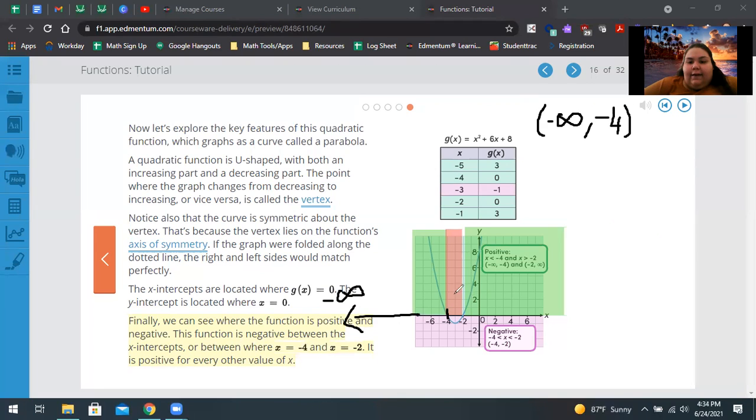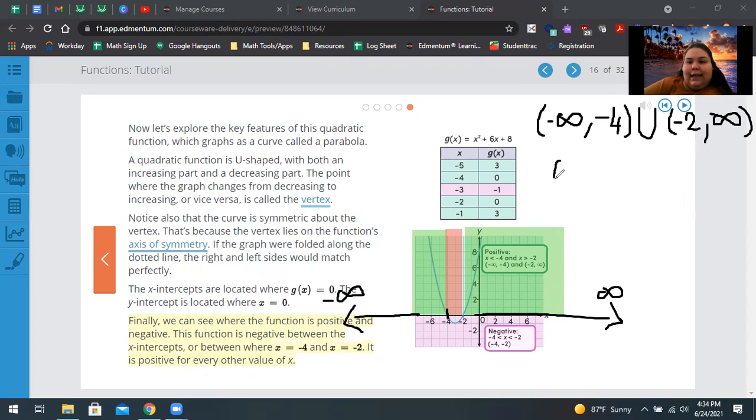Now I do have another positive area, right? It's positive here from 2 forever going this way to infinity. So then there's a break, so I'm going to put U for union. We start out with 2 all the way to positive infinity. So that is when the function is positive.